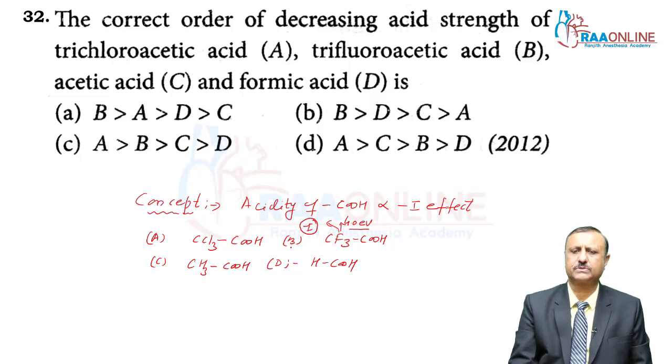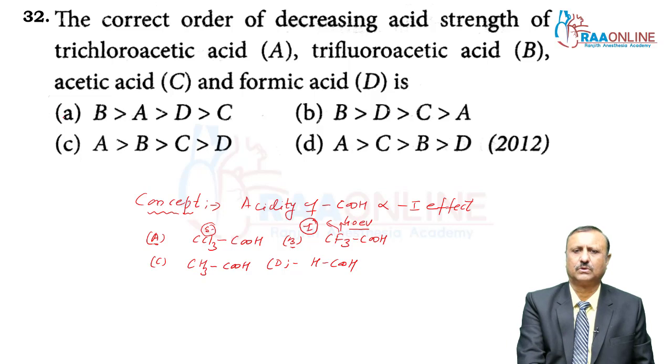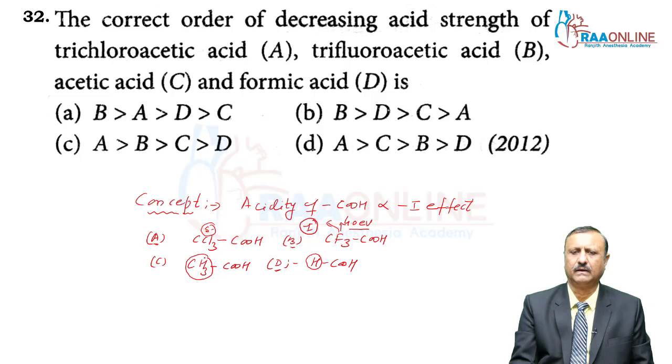So B is the most acidic, then you can go to option A, because here 3 Cl atoms are present, and the Cl group has a minus I effect. After that you can go to D, because here no group with a plus I effect is present, whereas the CH3 group shows the plus I effect.